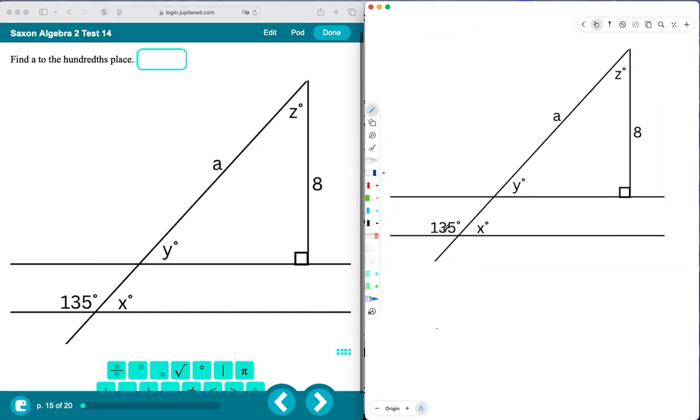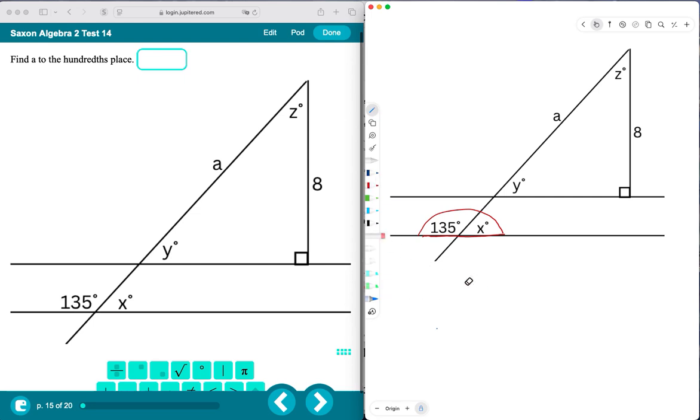So if this is 135, and let me use the red pen so you can see it. This is a straight line, so these two together have to equal 180. So 180 minus 135 is the value of x.